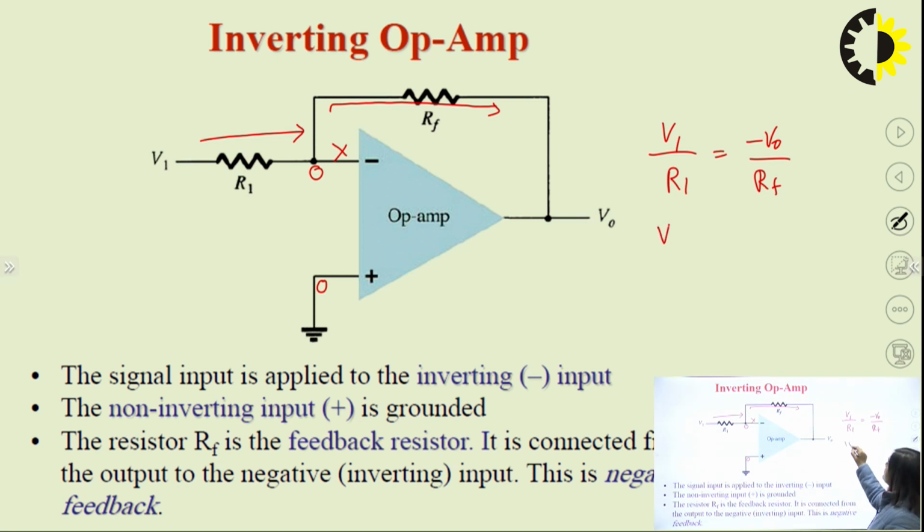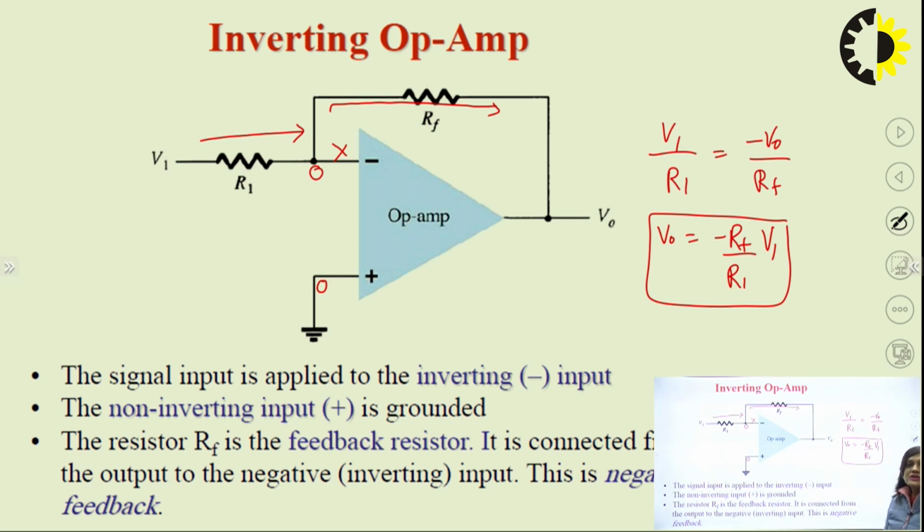So V0 would be equal to minus RF upon R1 multiplied by V1. So this is the equation of output voltage with respect to input in case of the inverting mode. And also we can represent it as V0 is equal to A Vi. So here A would be equal to minus RF upon R1.